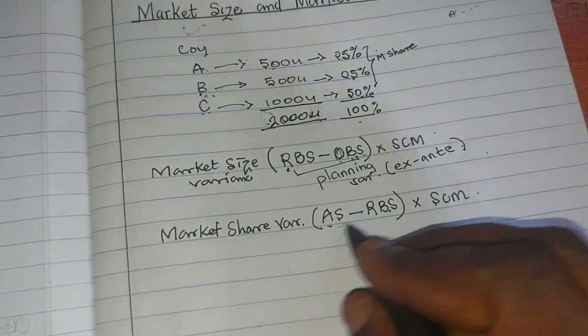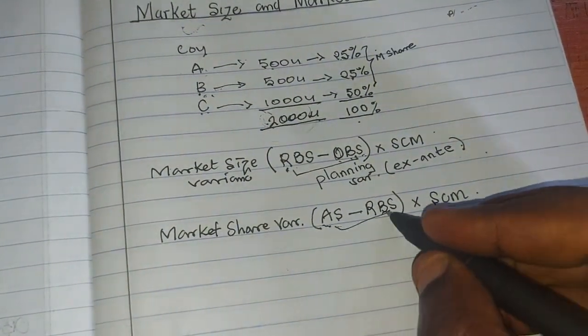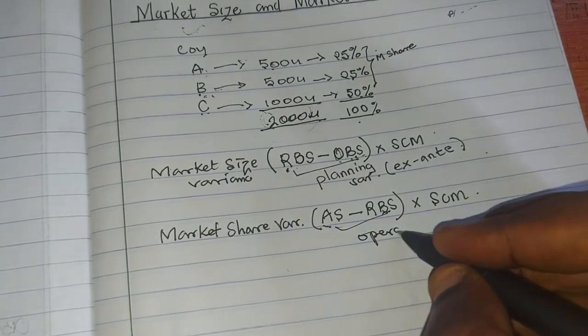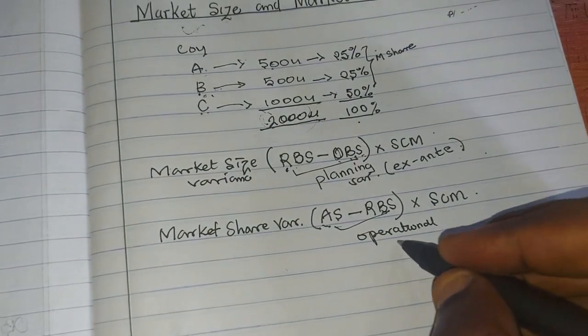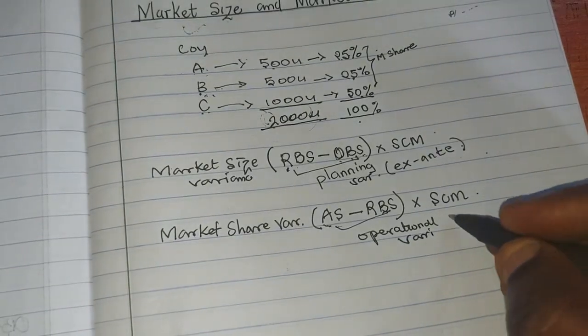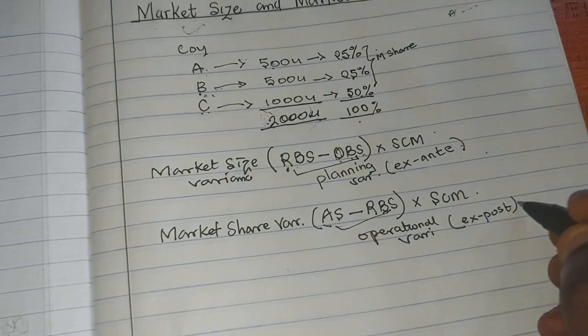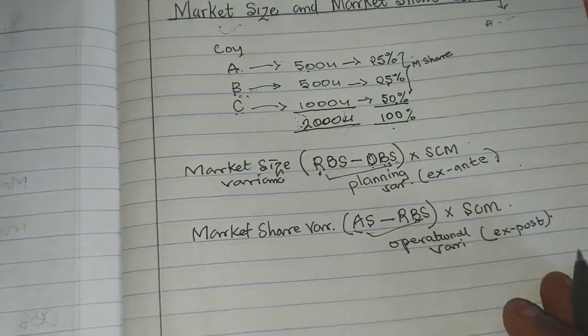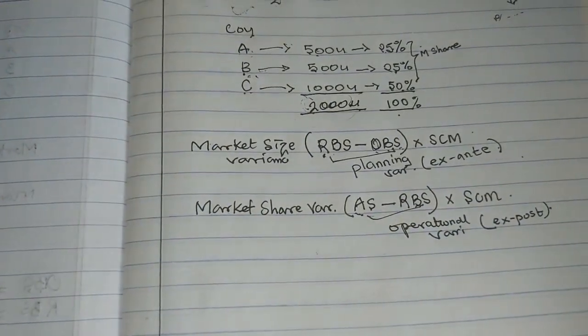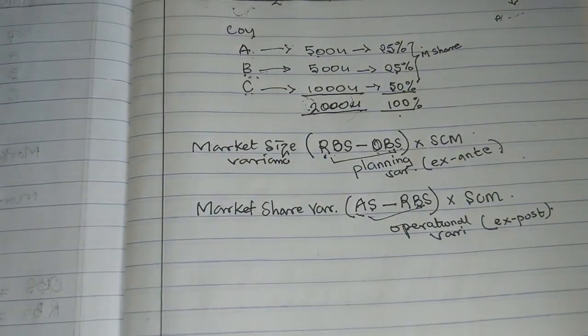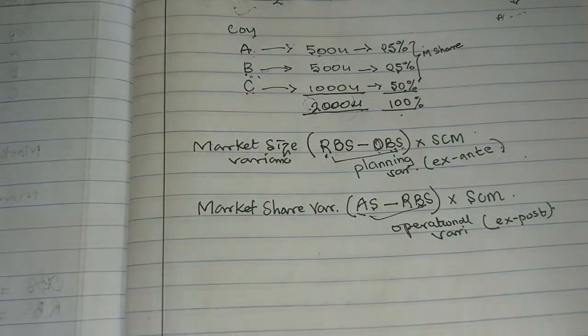When you compare these two variables, we call it operational variance, and it is known as ex post. So let us look at this simple question to demonstrate the computation of both.